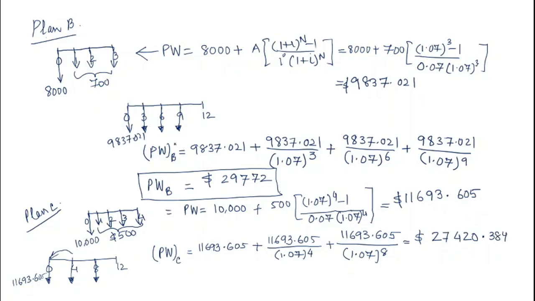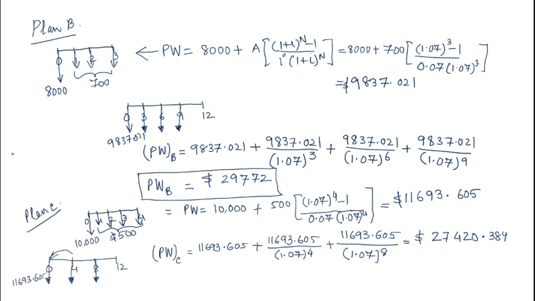So this is how we use the repeatability assumption to find out the present worth of alternatives where there is a difference in the economic life or the useful life of each alternative. Let me summarize, using a different colored pen.